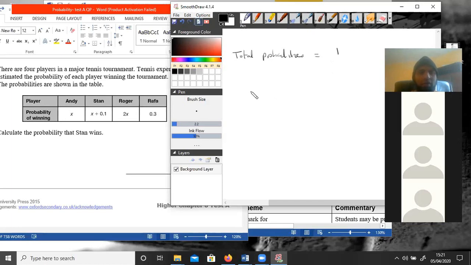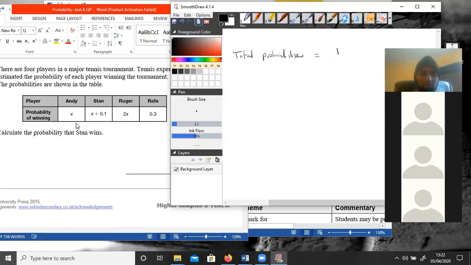Yeah. Okay. So there are 4 players in a tennis tournament. The probability of winning is written on the table. The total probability of them winning should be what? If you add up all the probabilities, what must it get to?